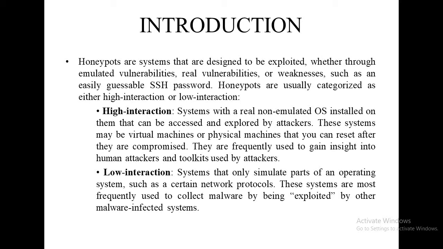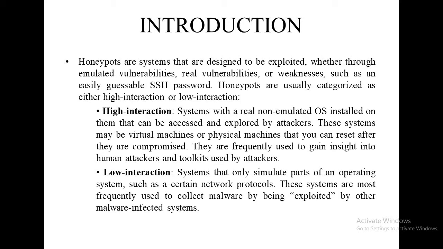So this is the meaning of honeypot, and honeypots are categorized into two types. One is high interaction and another is low interaction. A high interaction honeypot means that we are giving our whole operating system over to attack. A low interaction honeypot means we are allowing only a limited amount of our operating system, or a very small amount such as network protocols.